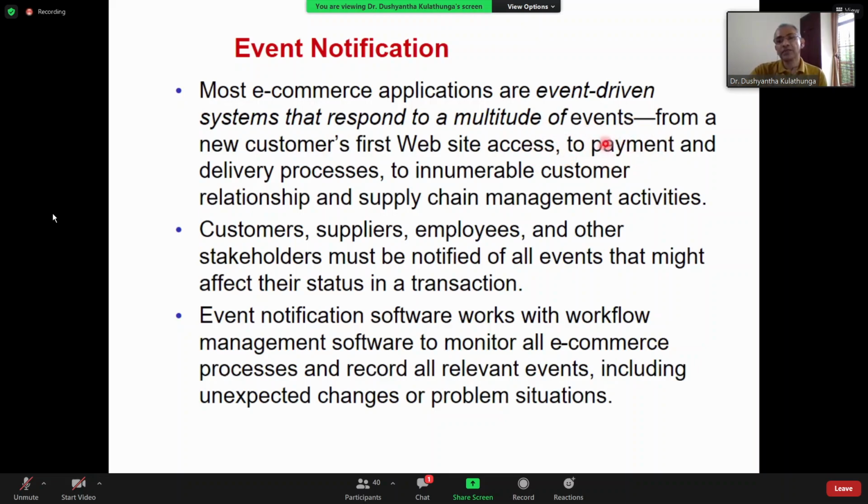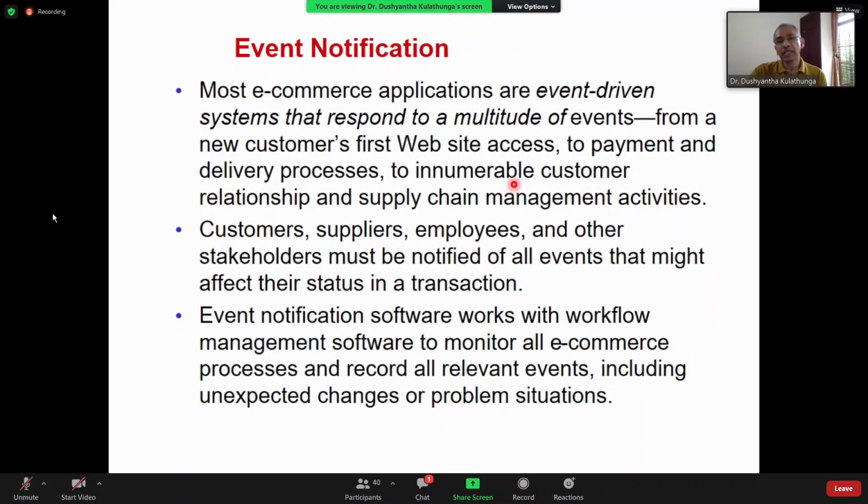So there are different events taking place. Likewise, the delivery process, customer relationship management, supply chain management. Different events take place, leading to the emergence of certain other events.